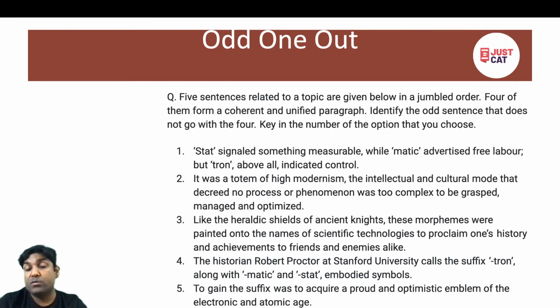For example, sweet was an adjective, but if you add ness behind sweet, it becomes sweetness. It becomes a quality, it becomes a noun. So when you add a particular monosyllable or group of letters to the word, it becomes a new word. So probably they're talking about that. We don't know. Let's read further.